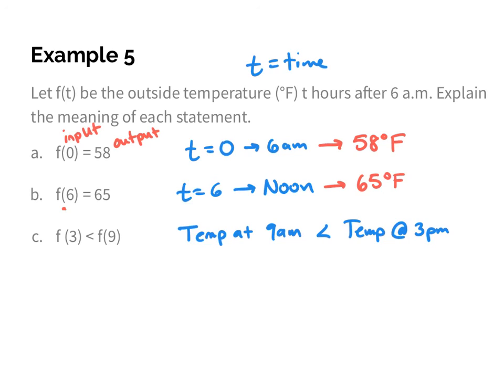The afternoon is usually the warmest part of the day. So again, this is just reading function notation, understanding that relationship between inputs and outputs.